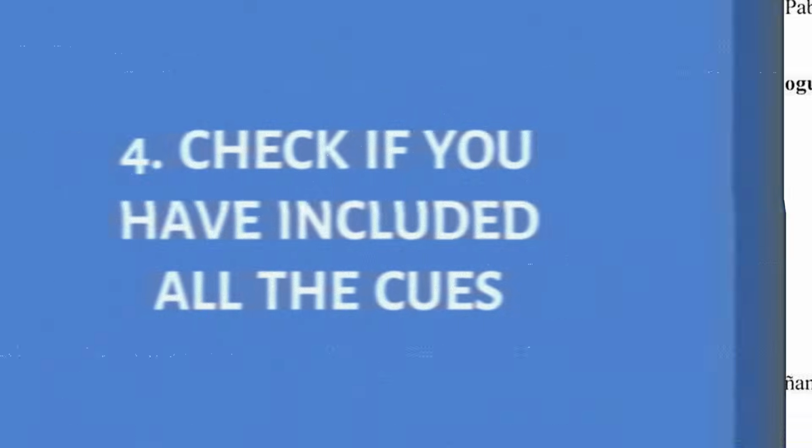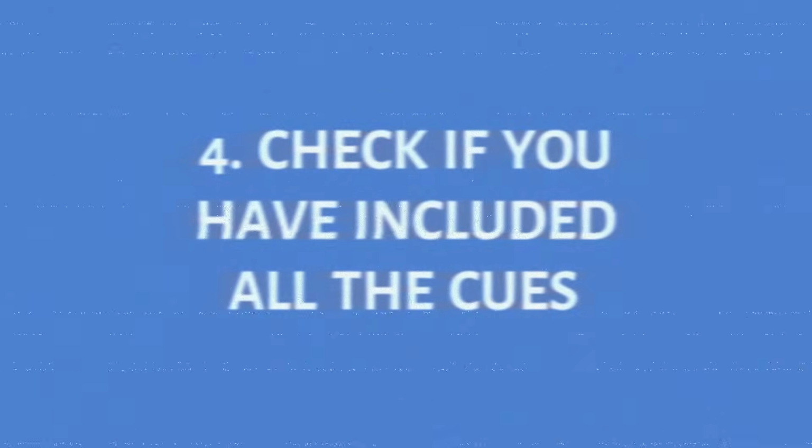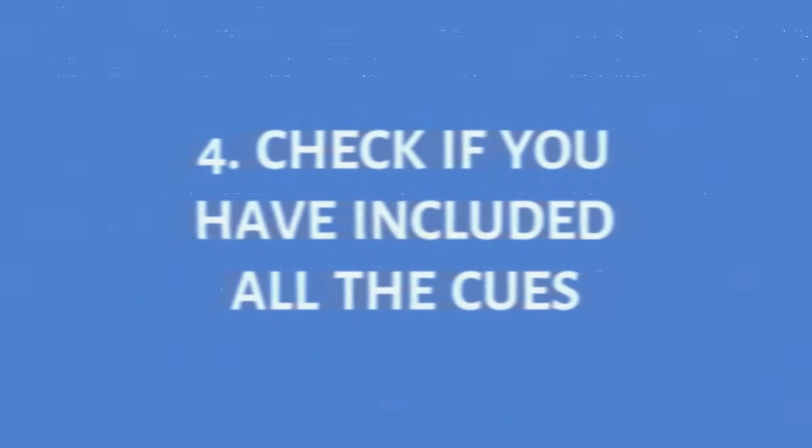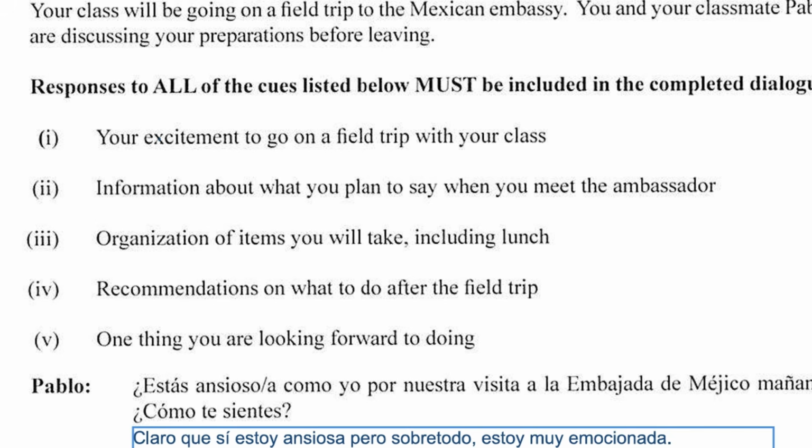Now, the final thing we need to do is to ensure that we go back to the cues and tick off every single one. This is important to ensure that we have answered everything. So we have our excitement, check. We included information about what we plan to say when we meet the ambassador, check. We spoke about the organization of items we will take.